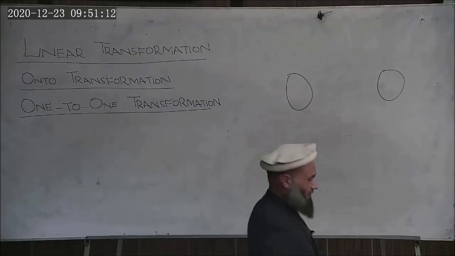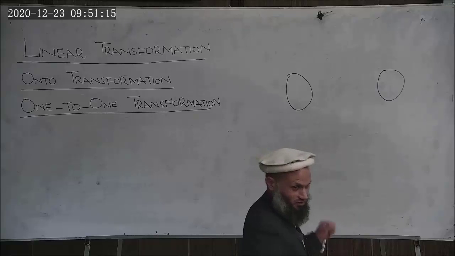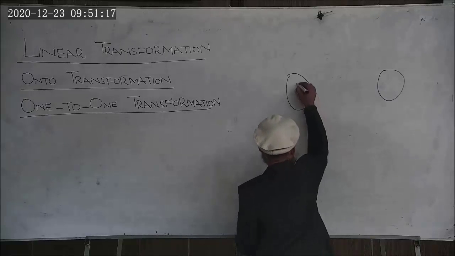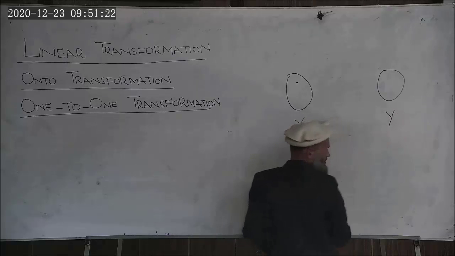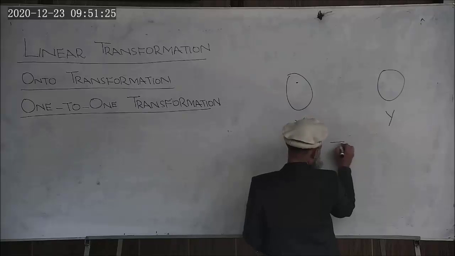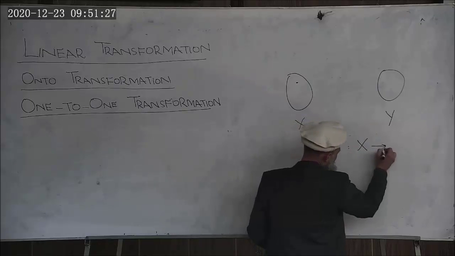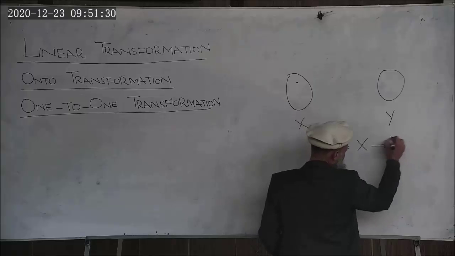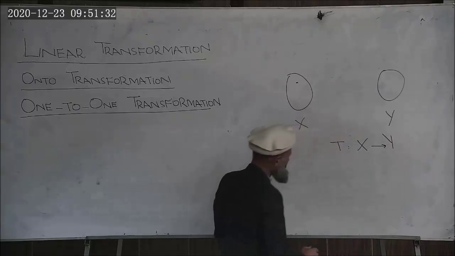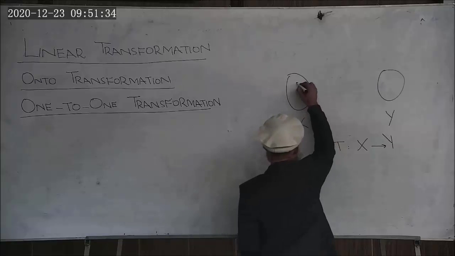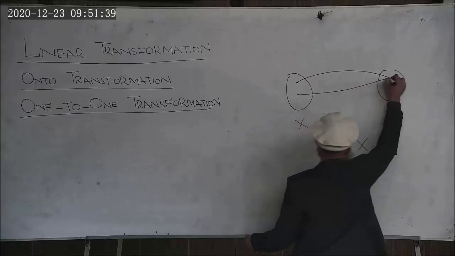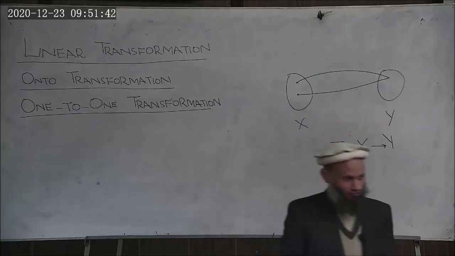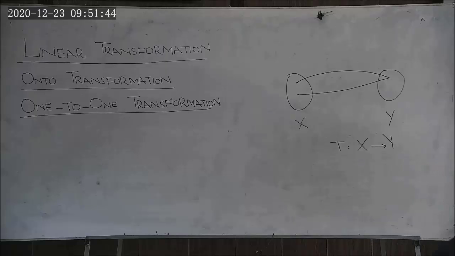It is quite possible for transformations that multiple vectors in this space, this is space X and here this is space Y, and the transformation maps a vector in space X into a vector in space Y. It is quite possible that multiple vectors in this space map to a single vector in the other space. That is quite possible for transformations.